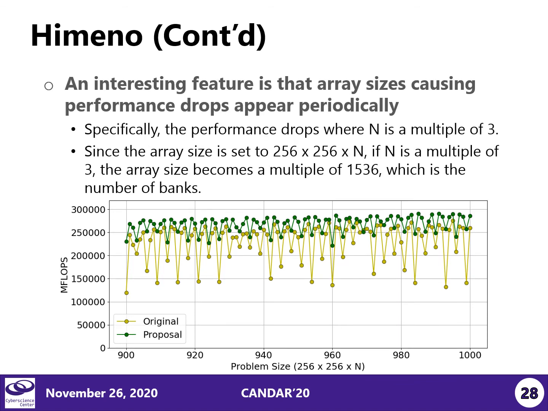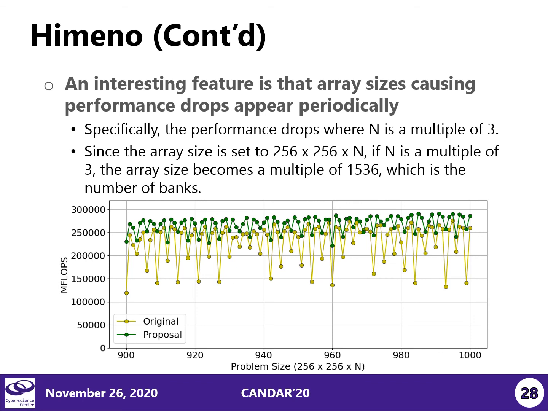Here we can see an interesting phenomenon that the performance drops have a period. More specifically, the performance degradations occur at problem sizes where n is a multiple of 3. This phenomenon can be explained as follows. Since we set the problem size to 256 times 256 times n, if n is a multiple of 3, then the problem size becomes a multiple of 1536.